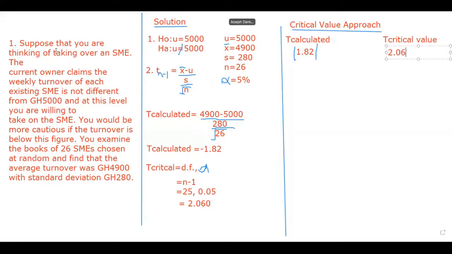So which one is bigger than the other? The T critical is bigger than the calculated one. So always focus on the T calculated. The T calculated is lesser than T critical. So what was the rule saying? I mean, the decision rule for critical value approach.